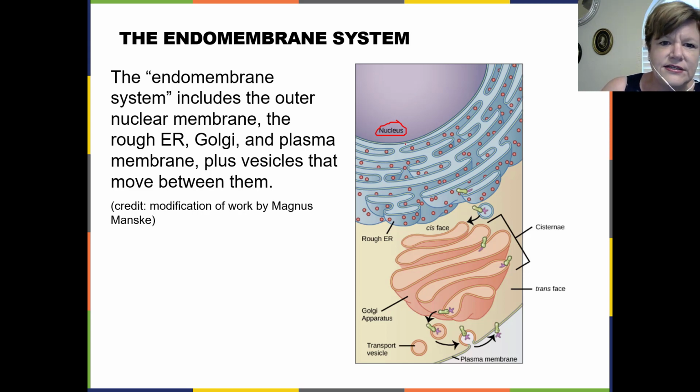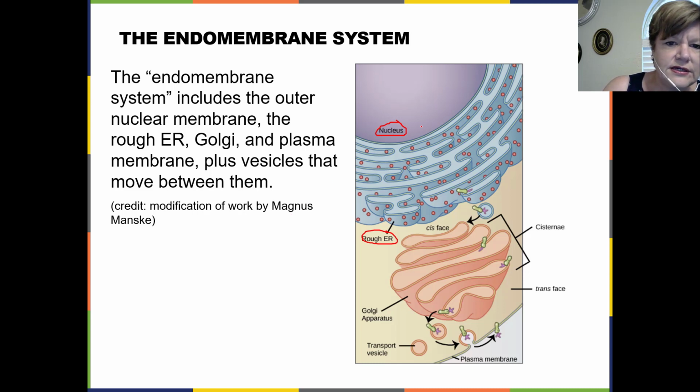And the outer membrane is continuous with the ER. There's two types of ER. There's rough ER, and by the way, ER means endoplasmic reticulum, and there's something called smooth ER. In this picture, we're looking at the rough. The smooth is connected to the rough, but it's cut off in this picture.